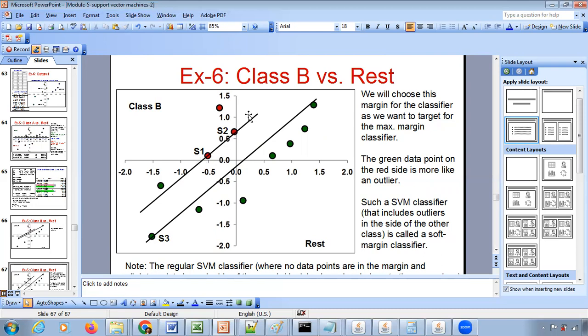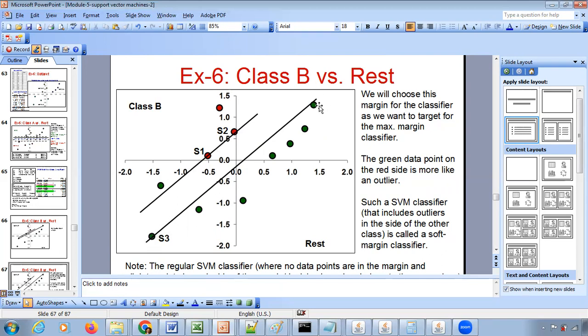So using these two red data points as support vectors, draw a line that connects these two red data points, and then draw a parallel line as wide as possible to reach the green side. You see you have this line that goes through this green data point.